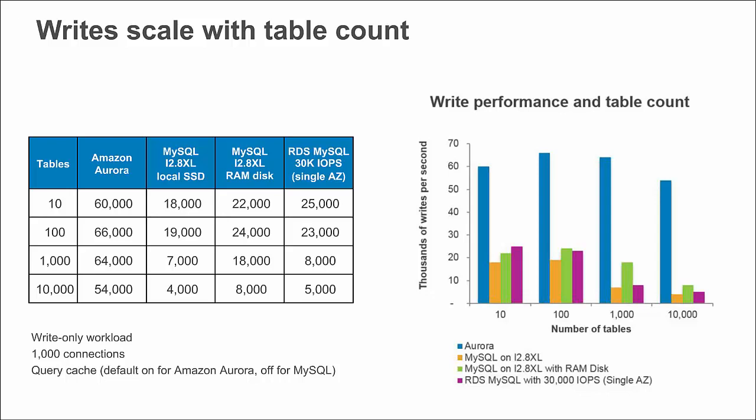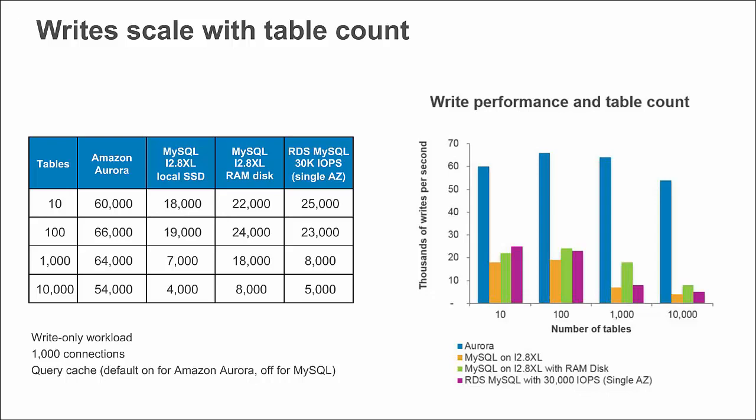As we increase the number of tables, which will be the case for most enterprise applications, I have never seen in my life any enterprise database application using 10 tables. Normally we have thousands of tables with a large amount of data. That is where you can see Aurora really shines.